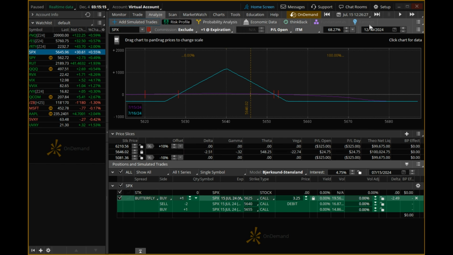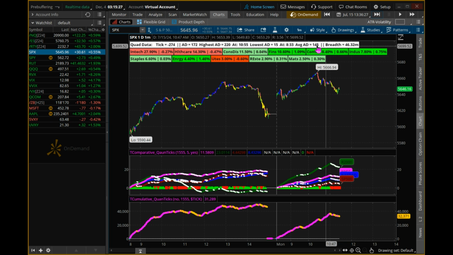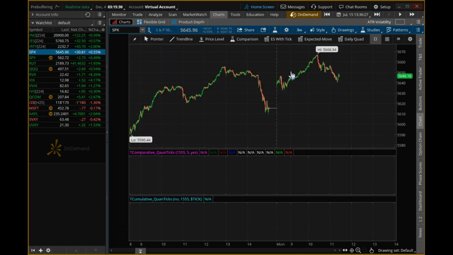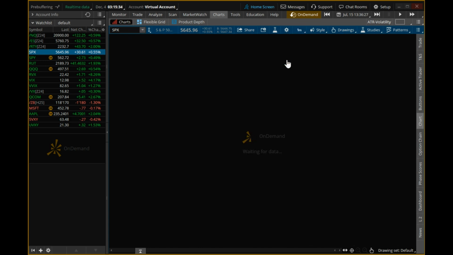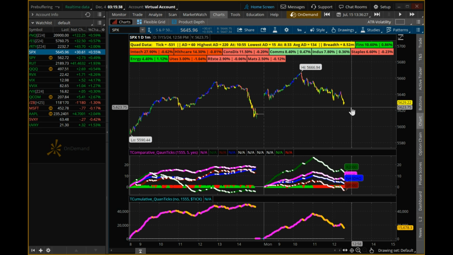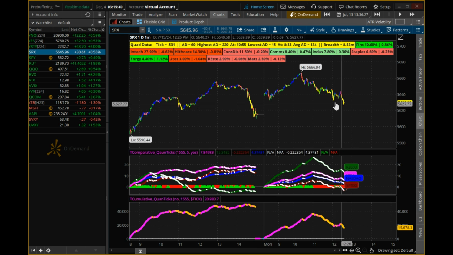The VIX can't be that slow, so I'm just going to crank this to, say, 130, and let's see what happens. Refresh the chart. Oh, we've fallen, 56.29.